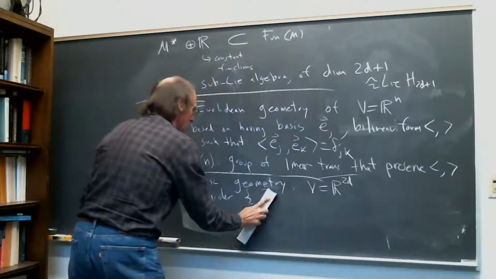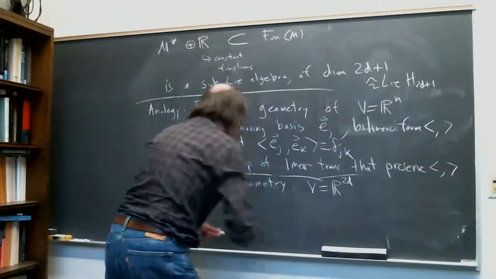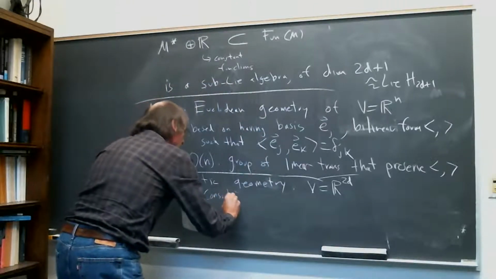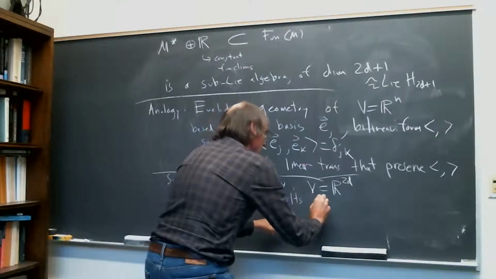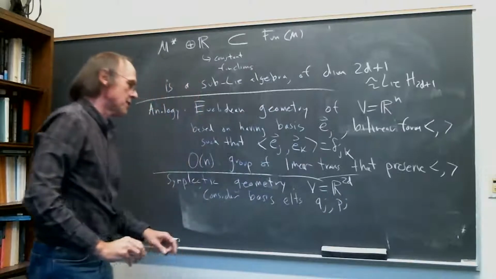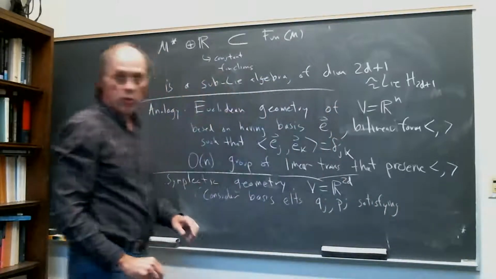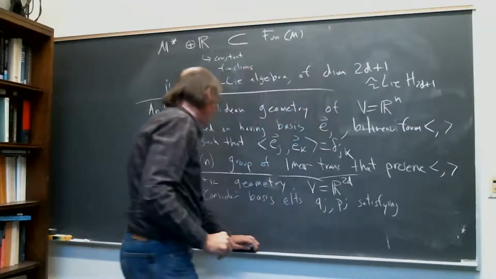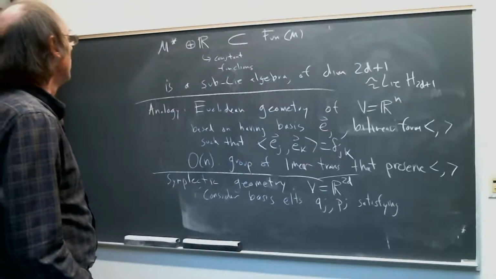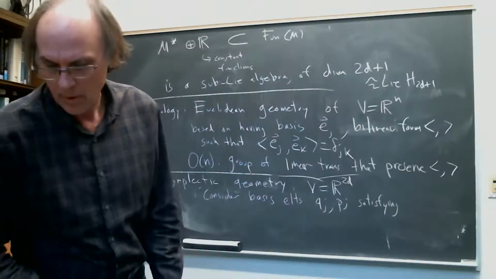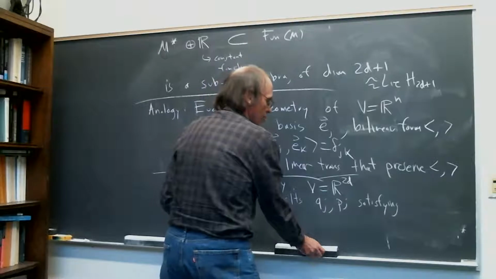Consider your basis elements q_j, p_j satisfying the Poisson bracket relations.